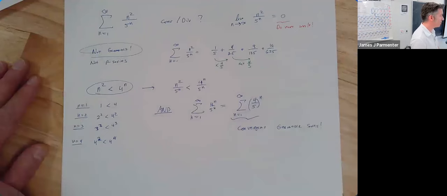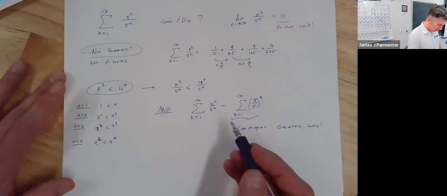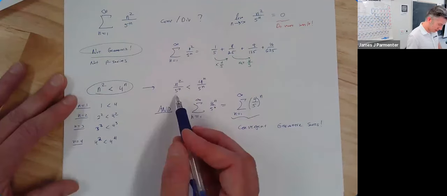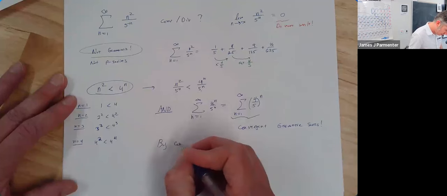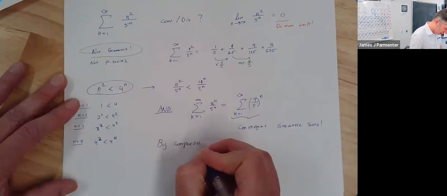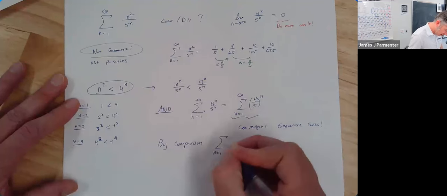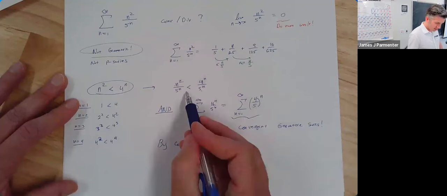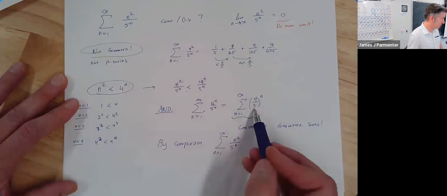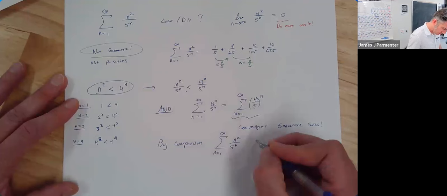And we can show that this converges by saying, since our sequence is less than that sequence, then by comparison, the series from n equals 1 to infinity of n squared over 5 to the n is less than a convergent geometric series. So by comparison, this must converge.